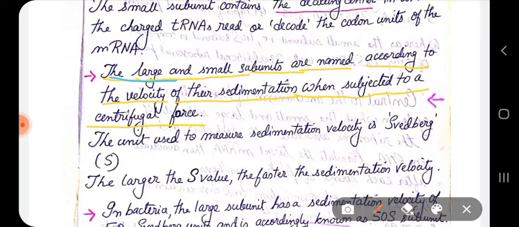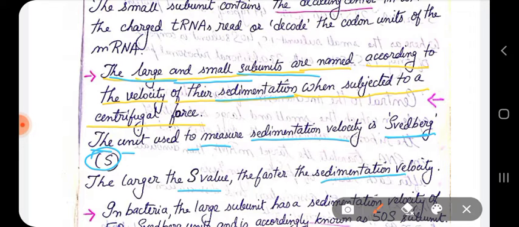During centrifugation, the large and the small ribosomal subunits, according to their velocity, sediment at different positions, and that's why the unit is used to measure that sedimentation velocity, and that is known as Swedberg unit or S unit. The larger the sedimentation value, the larger the sedimentation velocity, greater will be the value of the S.